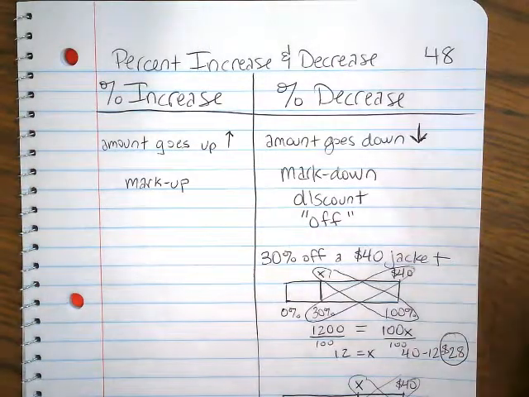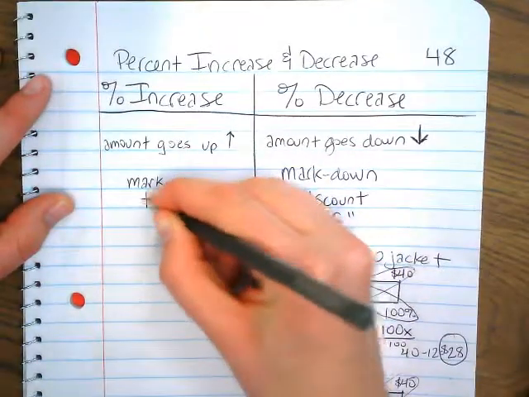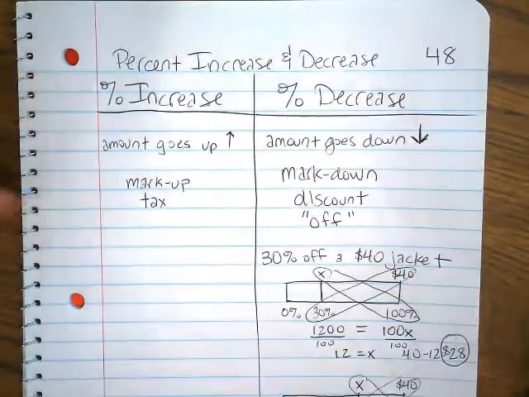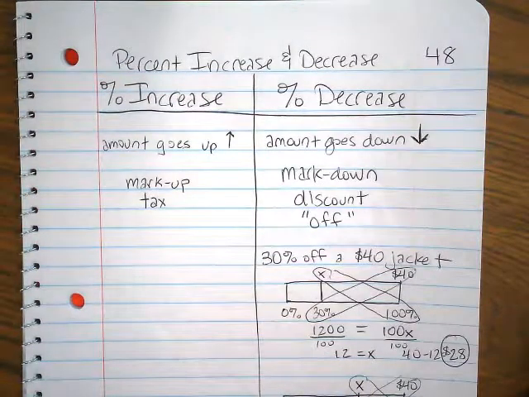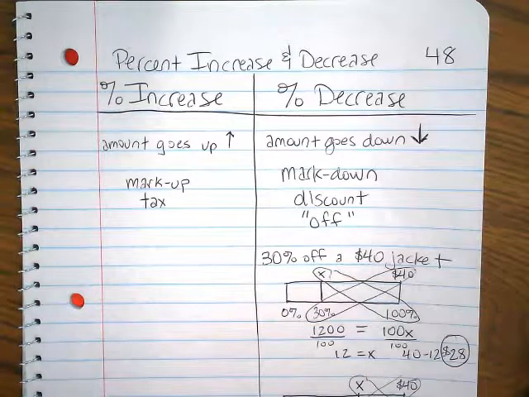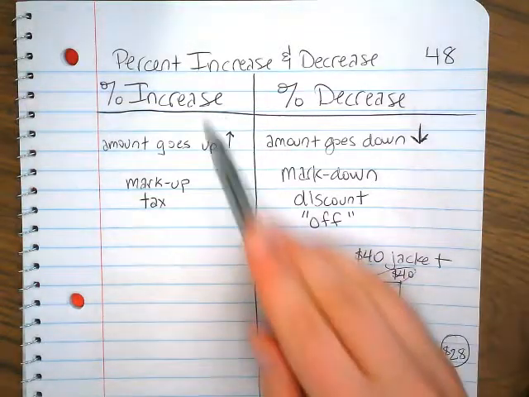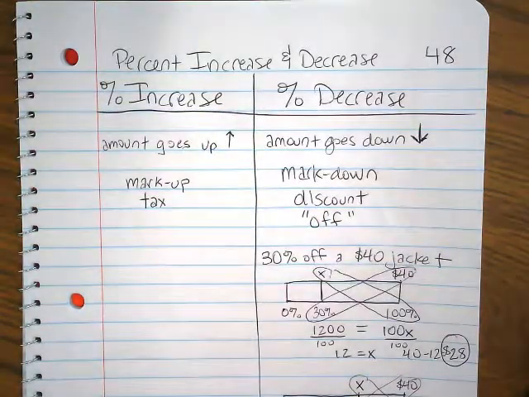Another thing in which the amount goes up is tax. If you have to pay sales tax on something, it means you have your total that you're going to pay, and then a little bit of tax is added on, so the amount that you're going to pay actually increases once tax is added.